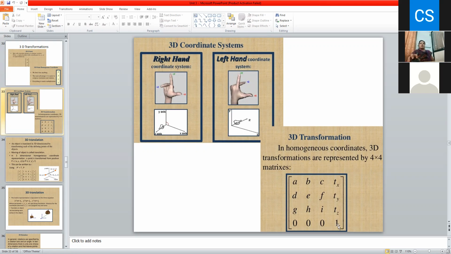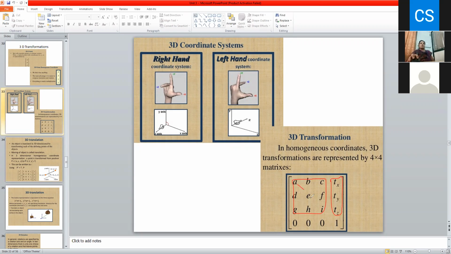This one indicates the overall scaling factor, the h value, and this 3 by 3 matrix, whatever we are having here, is responsible for all the operations except translation. For translation, we are using this column only. And for the remaining transformations, we are using this 3 by 3 box.